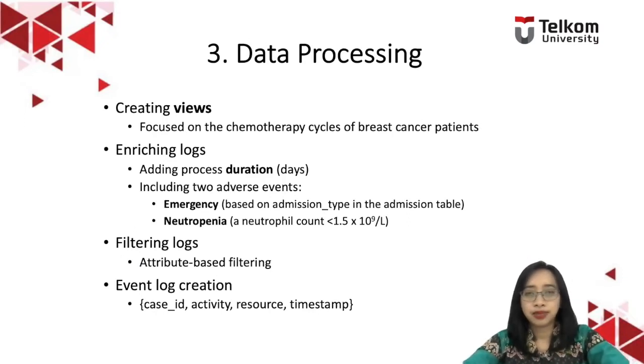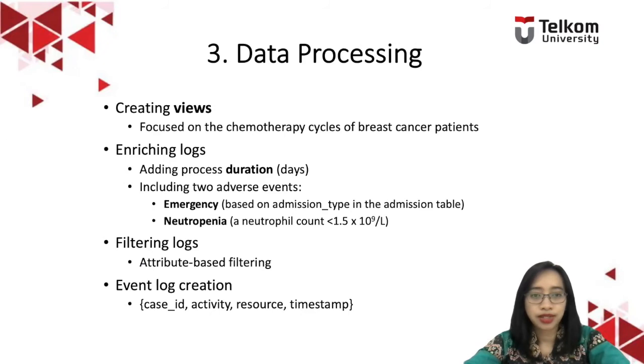Then we did some data processing. We created views based on the chemotherapy cycles of breast cancer patients. And then we enriched the log by adding process durations and including two adverse events, which are emergency and neutropenia. For the emergency, we add these events based on the admission type in the admission table.